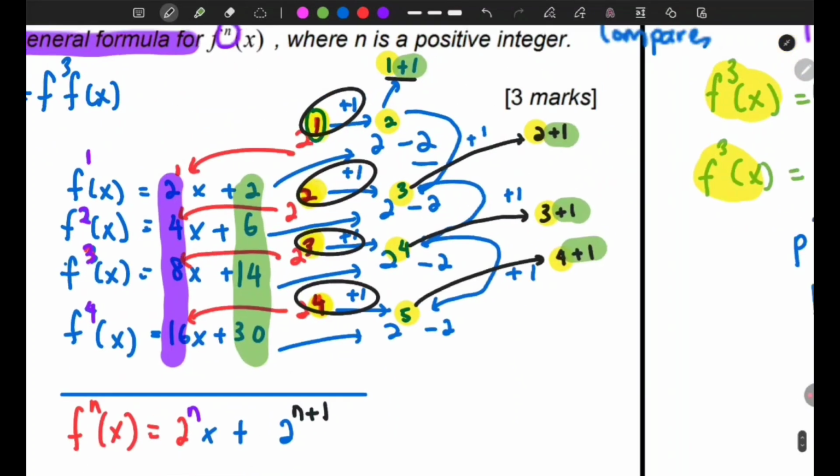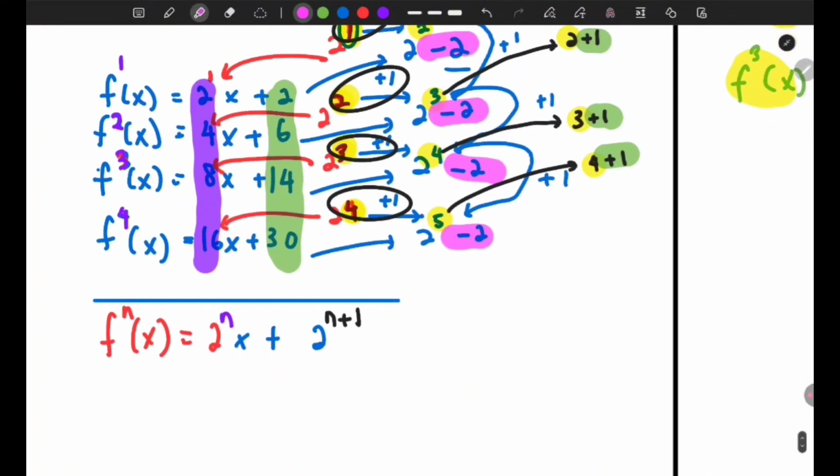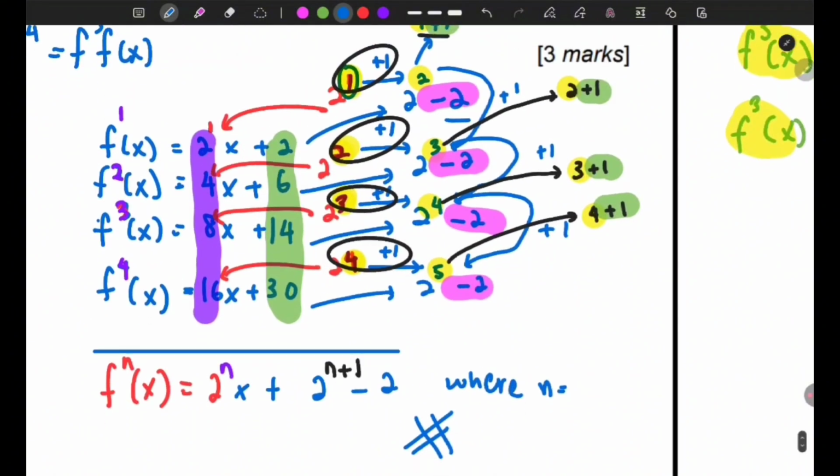After that you also have a common number here, minus 2, minus 2, minus 2, minus 2. Done. And don't forget, you have to say where n is equal to what? The numbers 1, 2, 3, 4, and so on.